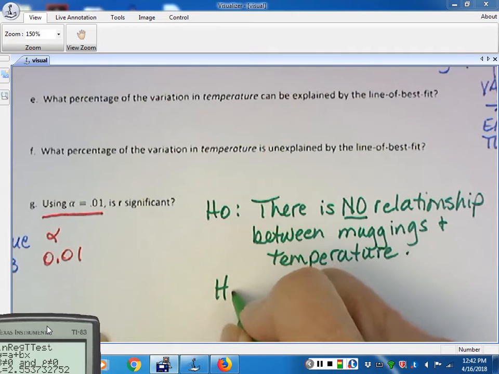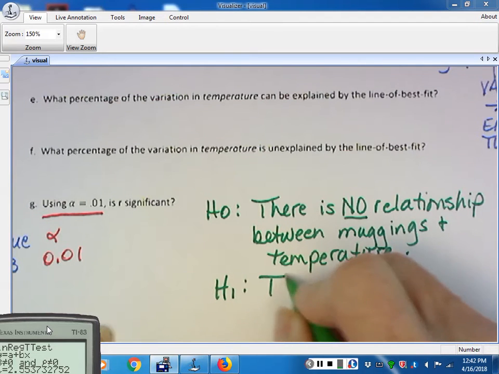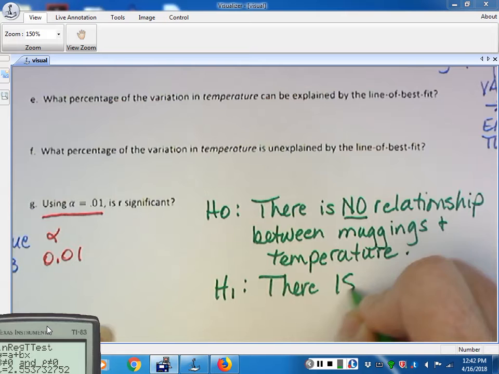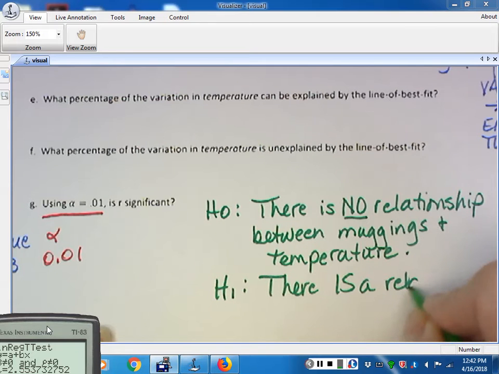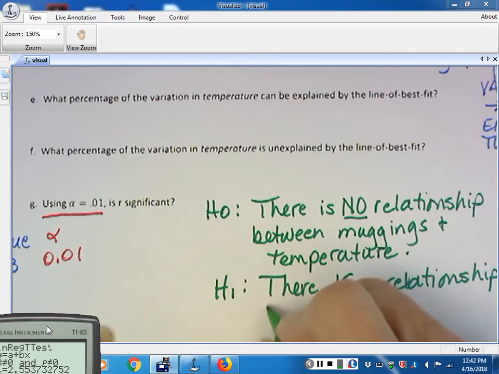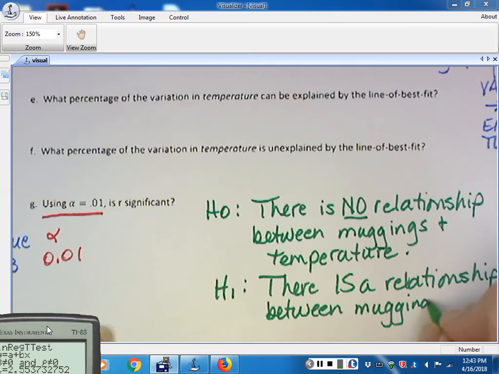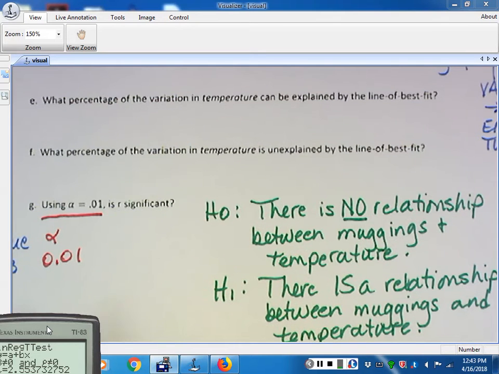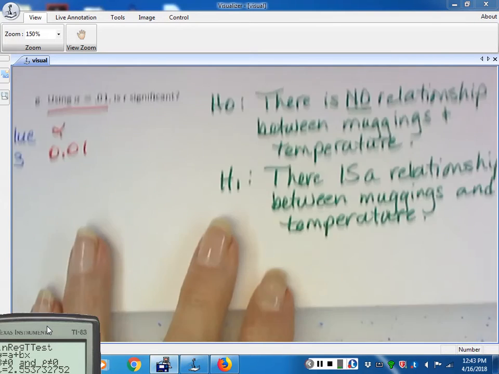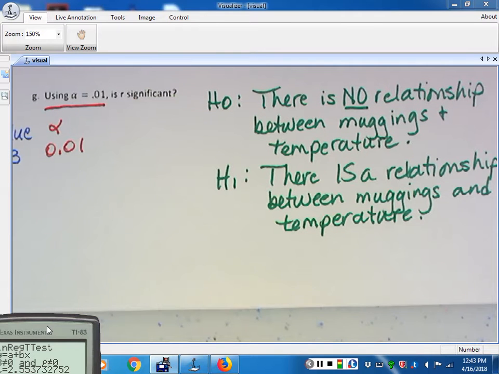H1 says there is a relationship. Okay. H0 says there is no relationship.